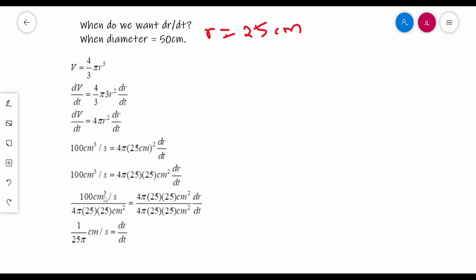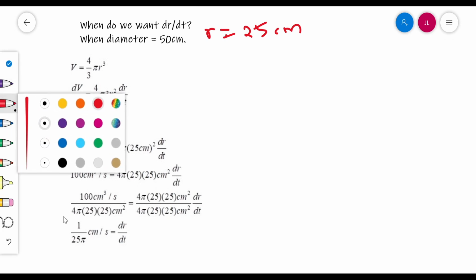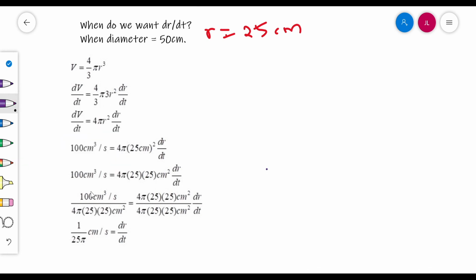We divide both sides by that odd quantity. And notice that 4 times 25 and 100 cancel, because 100 divided by 100 is 1, and we're left with 25 pi in the denominator.